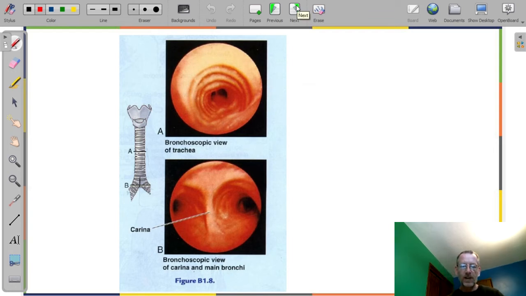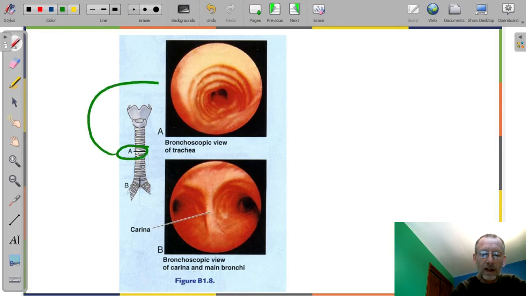This slide is taken with a scope going down the trachea, and at level A, you're staring straight down the trachea, looking inferiorly.